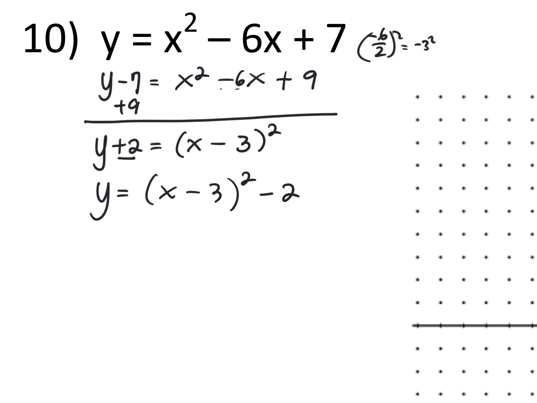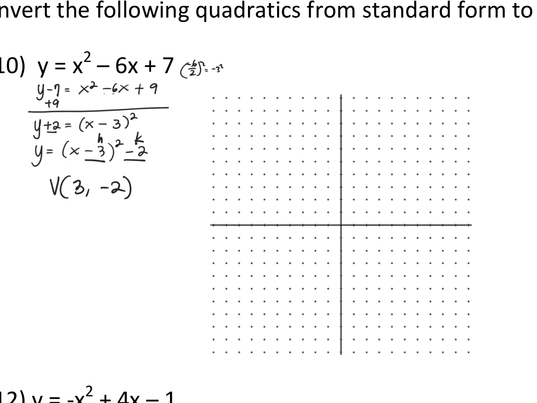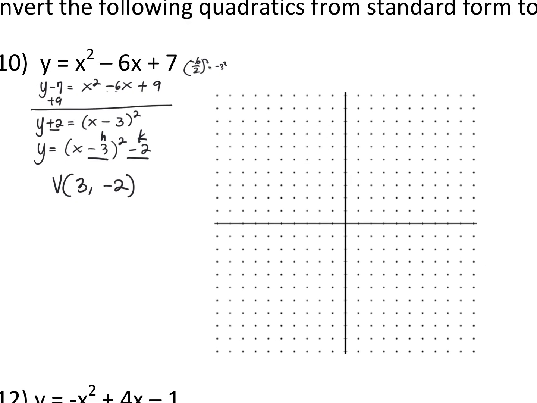Now, let's get the vertex. The vertex is going to be at this one and this one. That's going to be your h and k. So this is going to give you 3, negative 2. Now let's graph it. Our 3, negative 2 is located where? Which quadrant? It's going to be in quadrant 4.